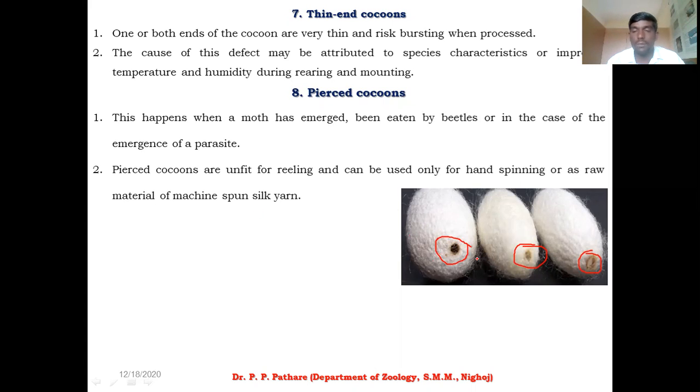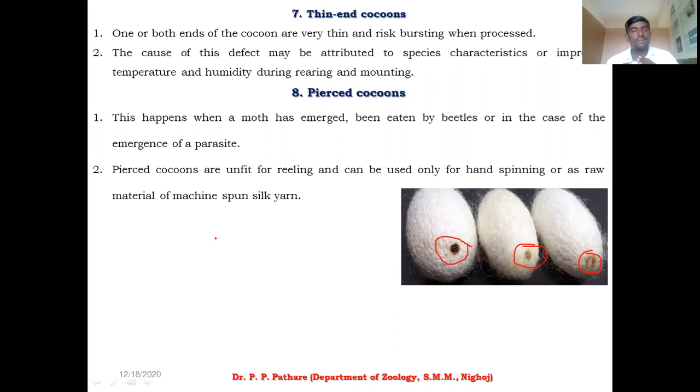If you just imagine, during the reeling or unwinding of the silk thread, it suddenly breaks, because this hole or bore is present.